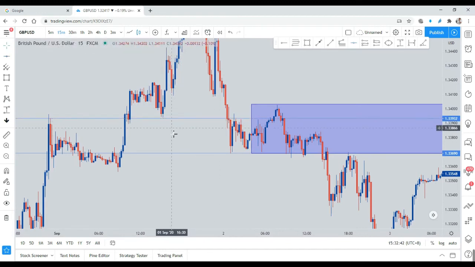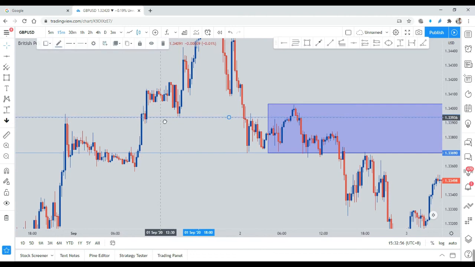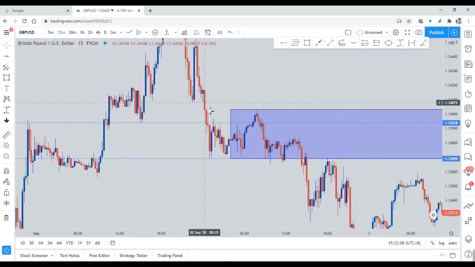Why do I say so? First of all, there is a rejection. This is the thing that convinces me. When the price breaks this high, it makes a demand zone over here. Not only that, the price came back and retested again. So when the price came back down, it makes a double top.